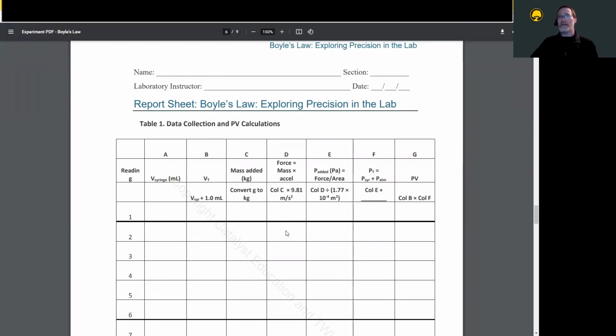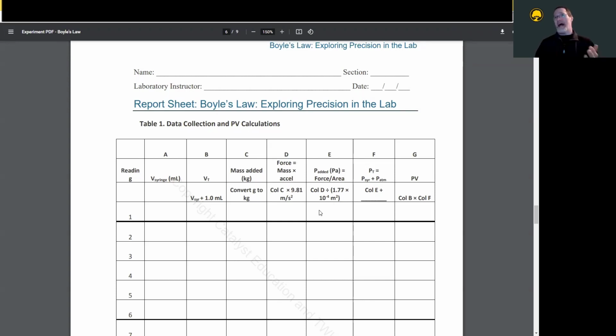So take this number times 9.81, you get that number. Now it's in force, okay? That's in newtons. Now I want newtons per square meter. So here's my added pressure, newtons, which I had right there, column D, divided by the already calculated area of the plunger, 1.77 times 10 to the minus 4 square meters.